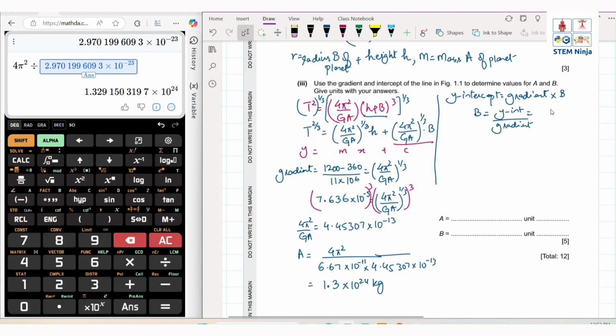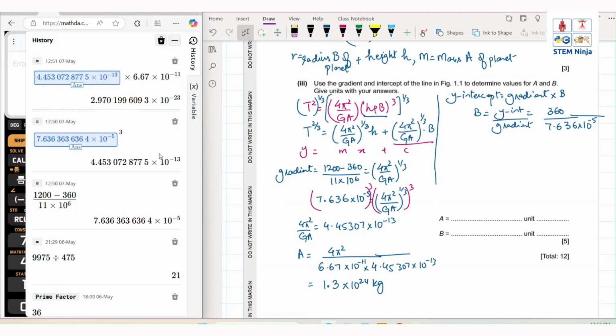The y-intercept is 360, divided by the gradient, which was 7.636 times 10 raised to power minus 5. Okay, let's see if we can go back and get the original value.